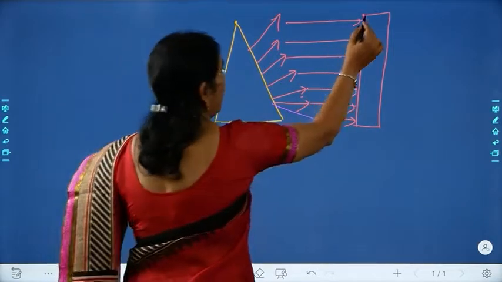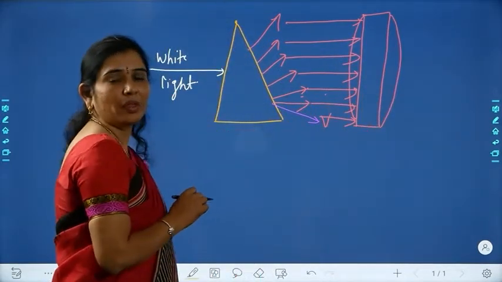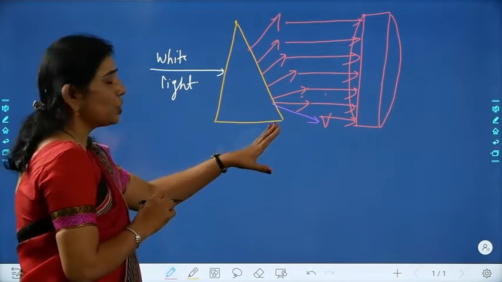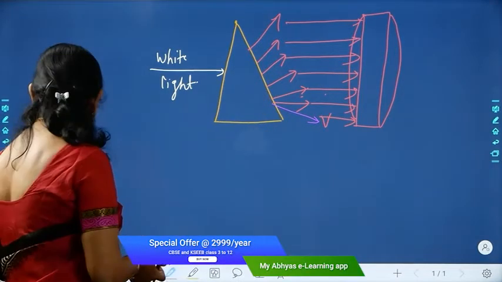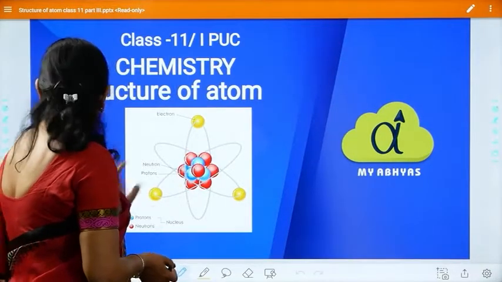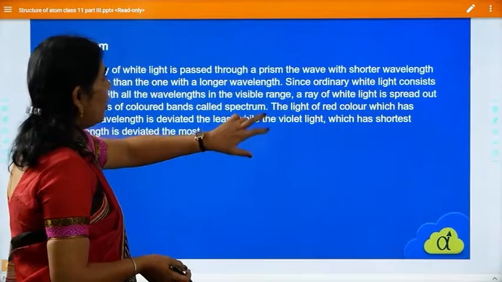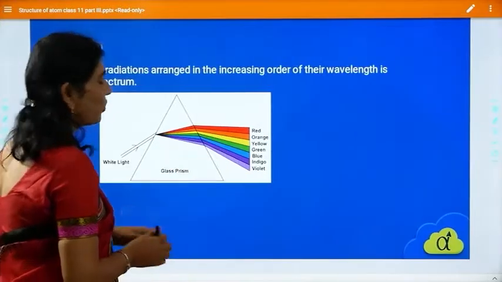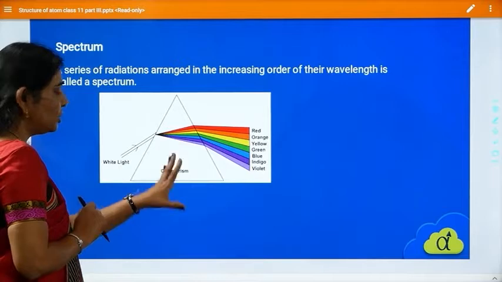Formation of a collection of different radiations takes place, having different wavelengths. So that collection of different radiations of different wavelength on the photographic film, that we call as spectrum.